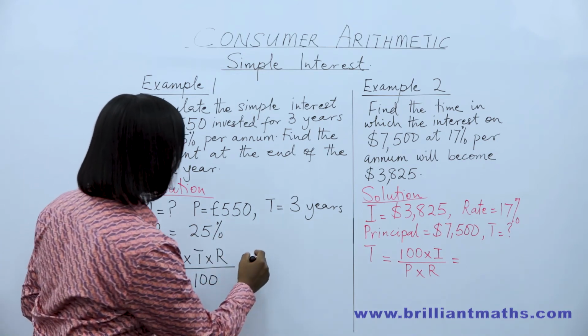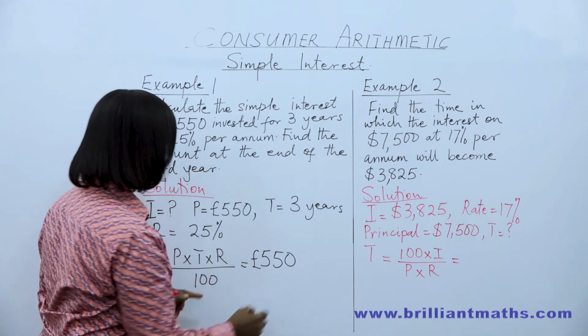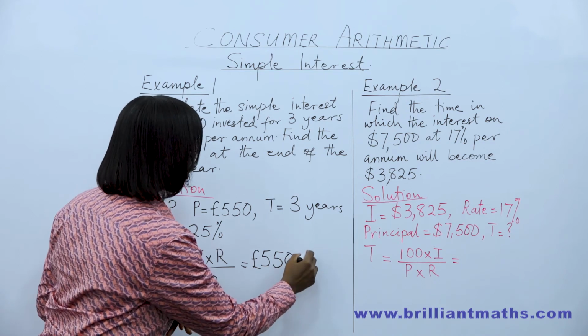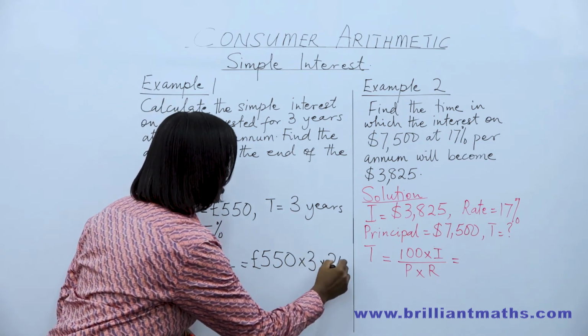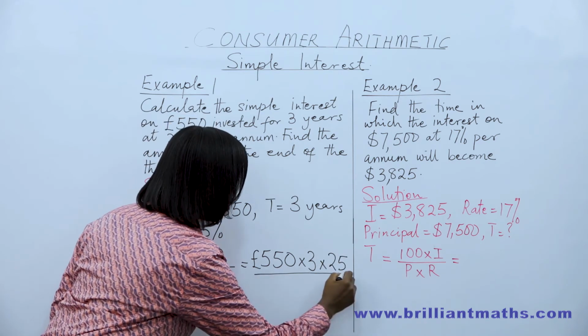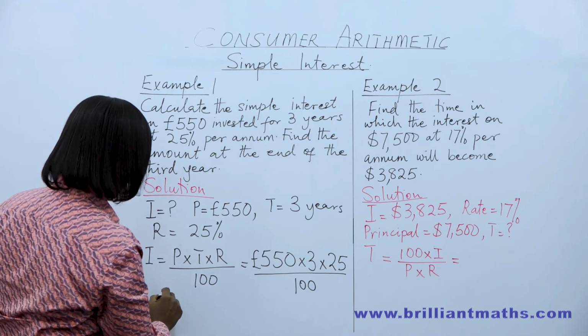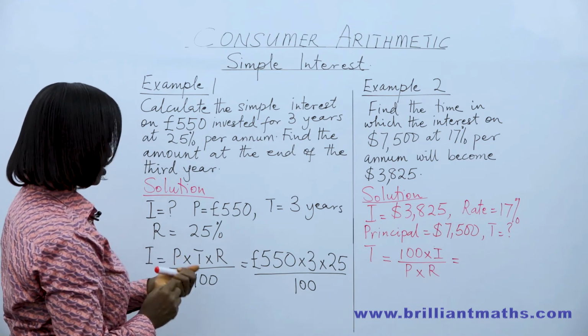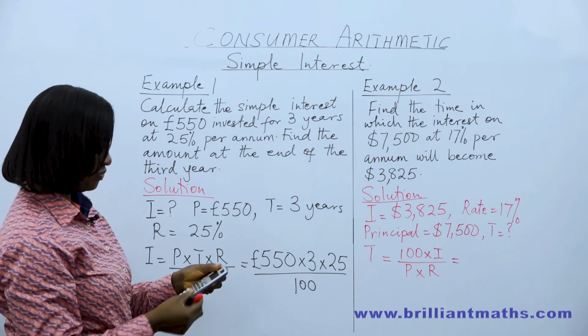The principal is £550. The time is 3 years. And the rate is 25% all over 100. So how much is that? Let's use the calculator.